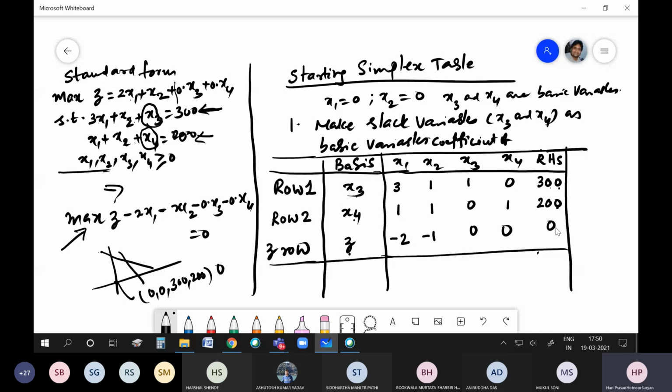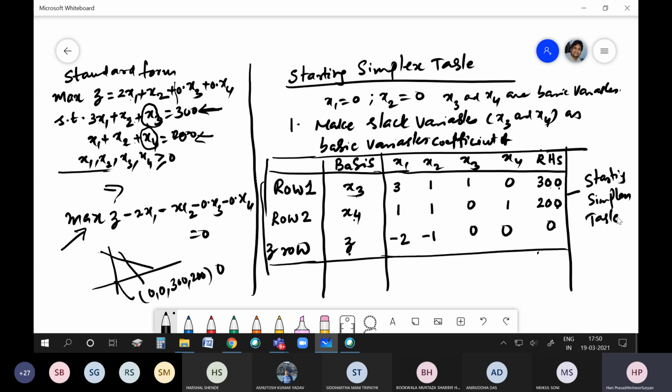So the right hand side gives the value of the basic variables, and it also gives the value of the function. So this is the first starting point, the starting simplex table.